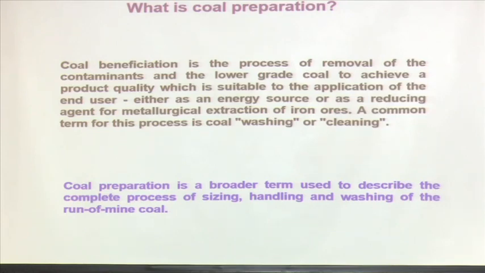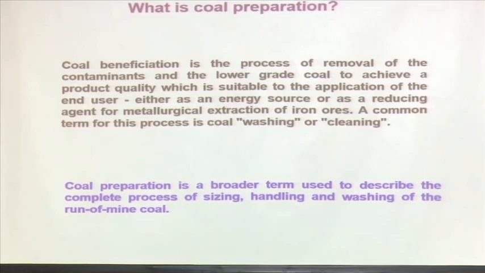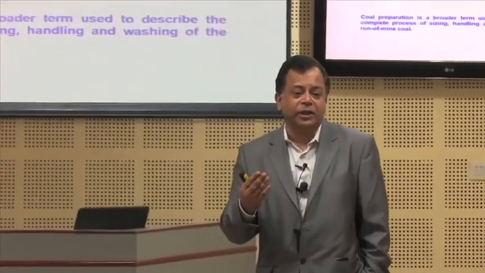That is the textbook number. If it is more than that, every 1% ash increase decreases my blast furnace productivity by around 3%. So, basically they want 17.5 to 18% ash.